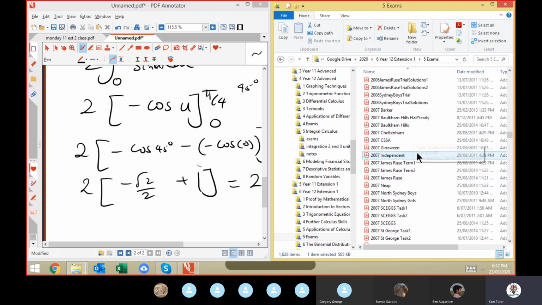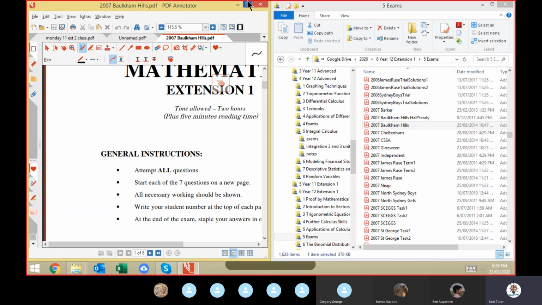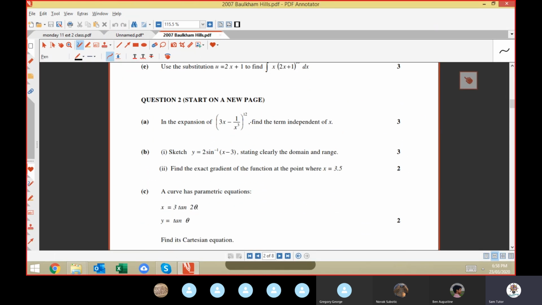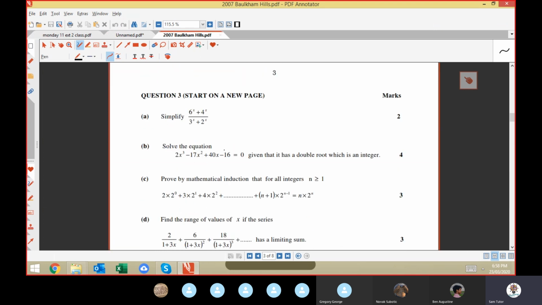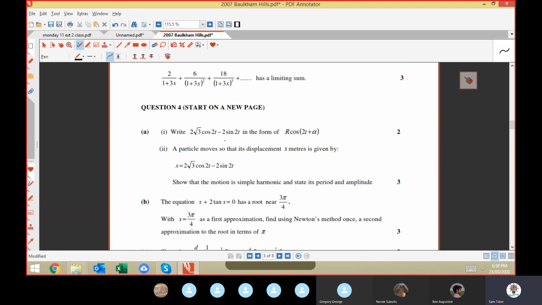All right. Second school in the States is Baulkham Hills. So let's go with that one. 2007. Not anymore, sir. Yeah, exactly. Not anymore. It's stuffed up. Yeah, here we go. Find Cartesian, simplify, solve, prove by mathematical induction. Oh, there you go. That's something you can do.